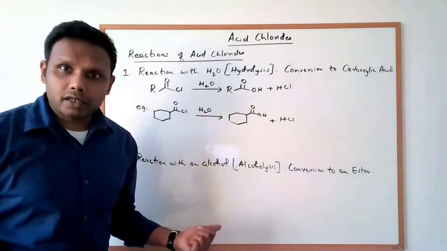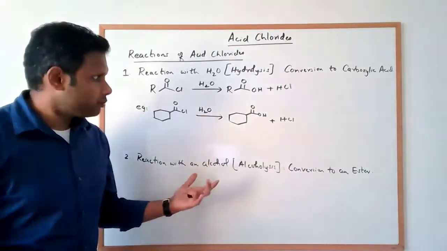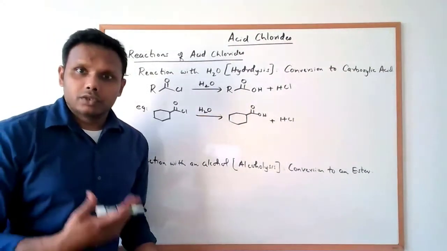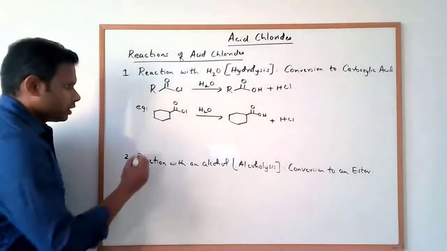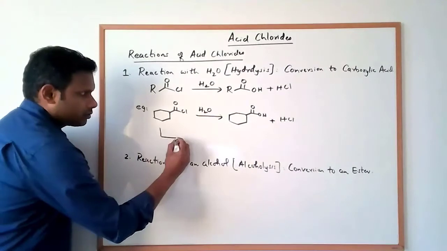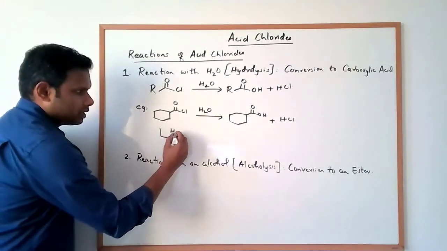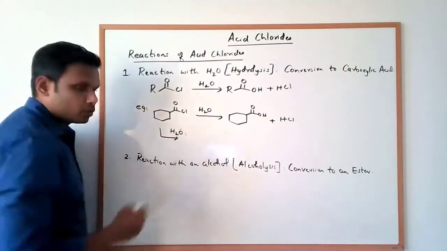Now the mechanism of this reaction is very simple. It follows the same steps as a nucleophilic acyl substitution. Essentially, the first step in the mechanism is the attack of the nucleophile.